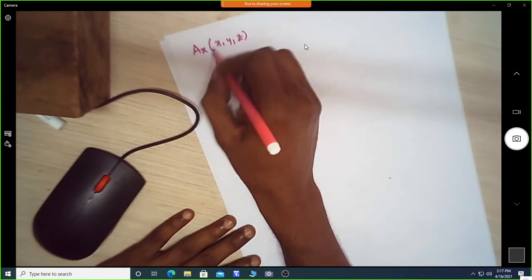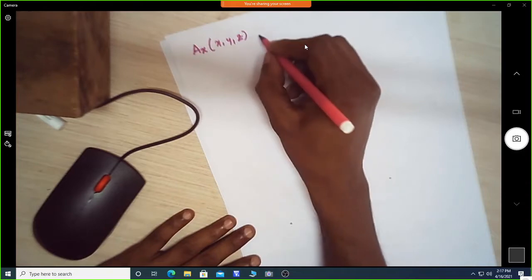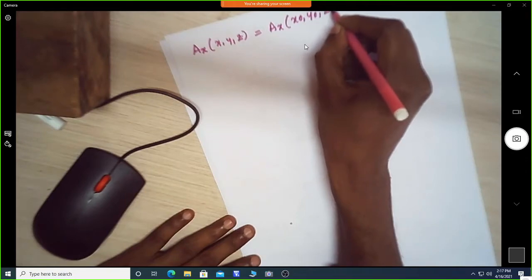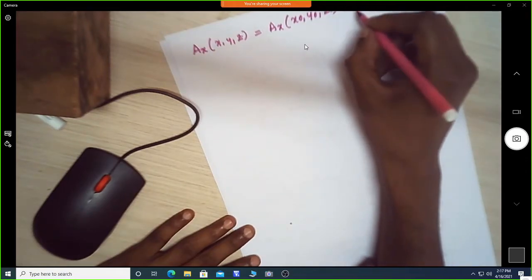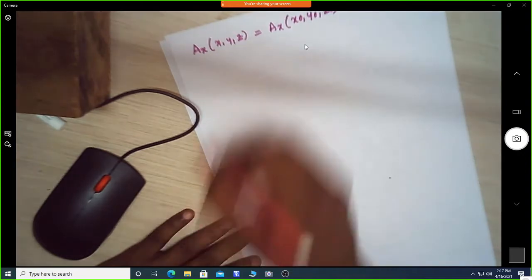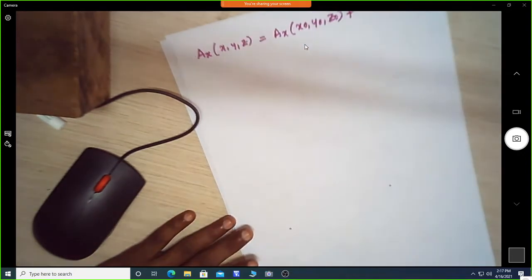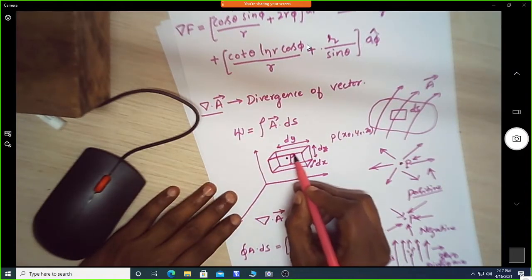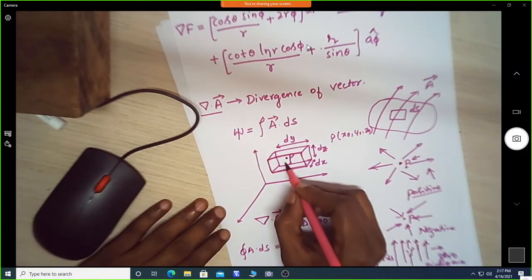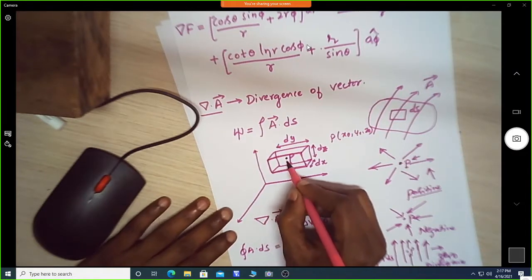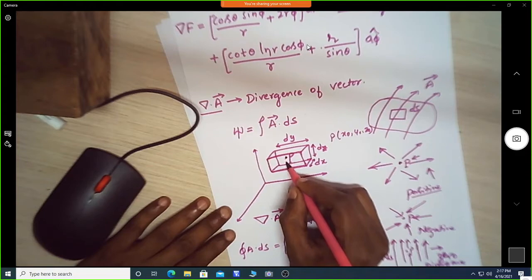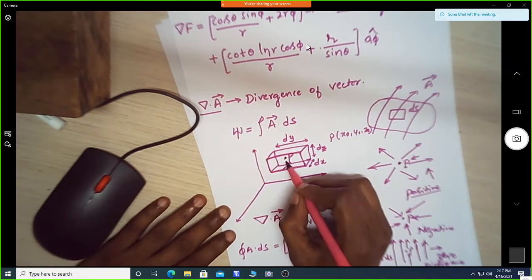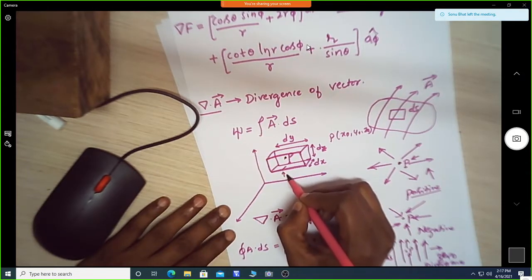Now if we evaluate this Ax at that point P, we can define it as Ax of x naught, y naught, z naught, okay. Plus, now if I take that x point, say for example this front surface, from this point P there is a distance. If I project here, say this point I define as x.